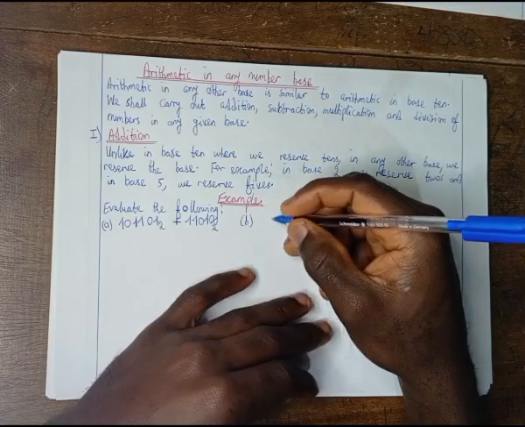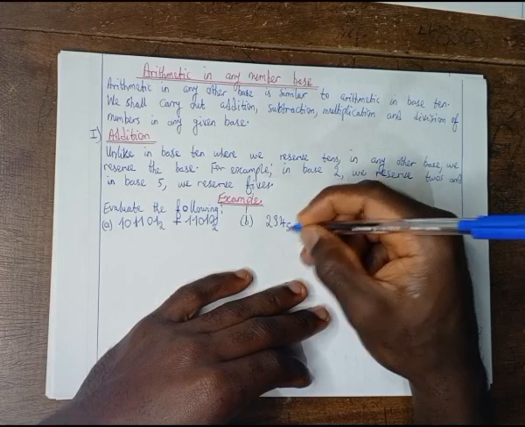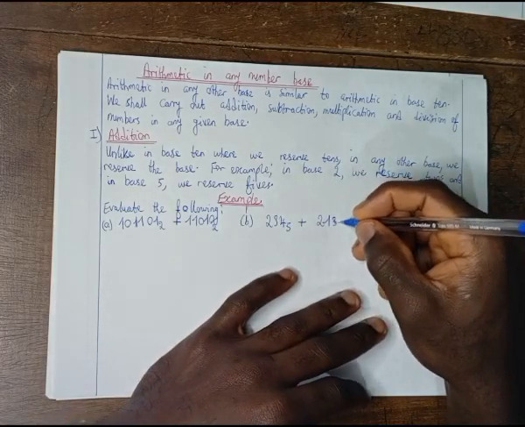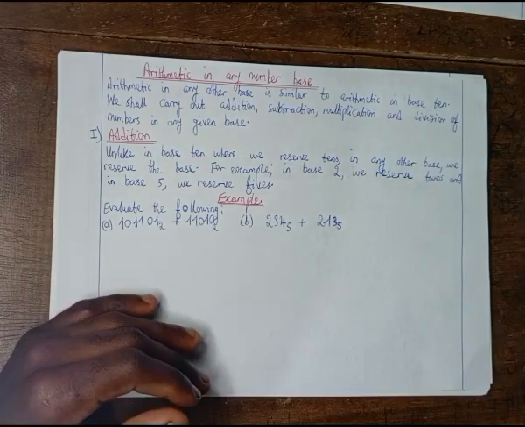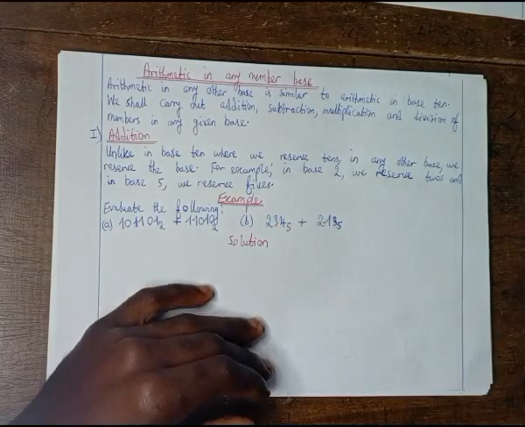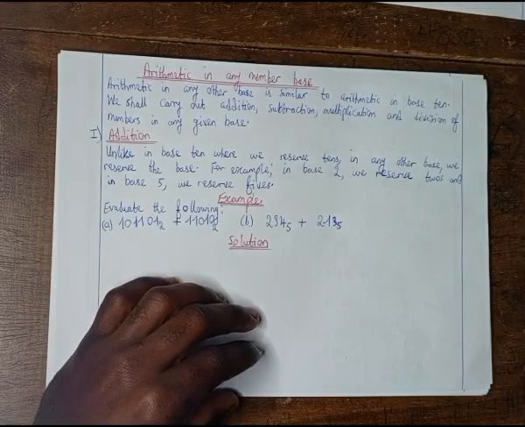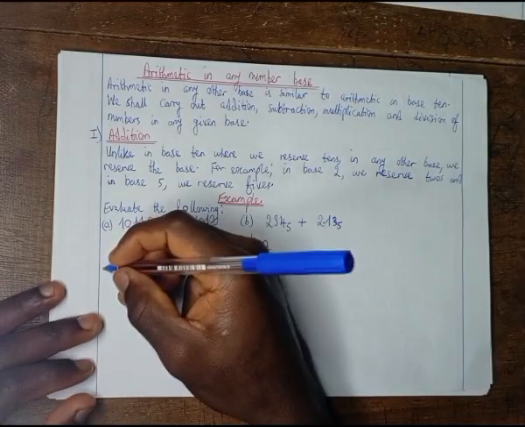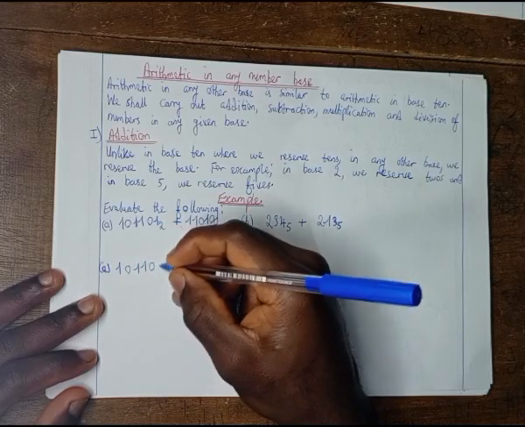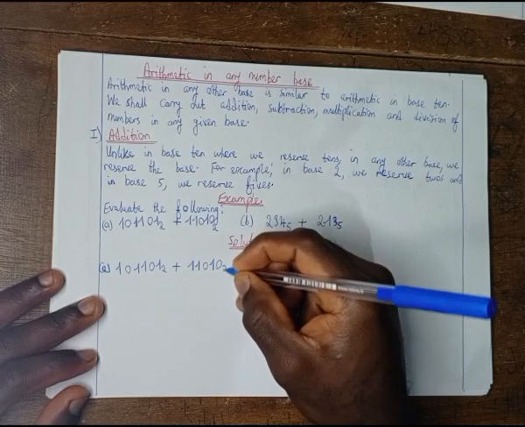For B, we have 234 in base 5 plus 213 in base 5. Now the solution. Take A, we have 101101 base 2 plus 11010 base 2.